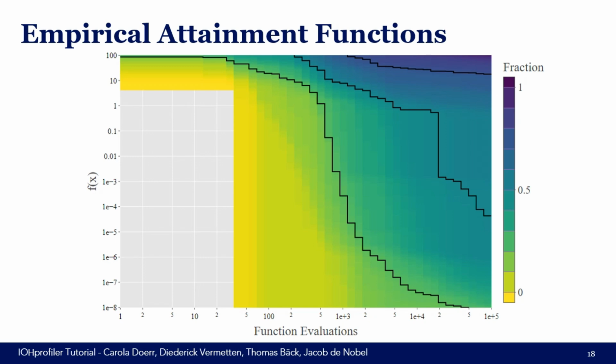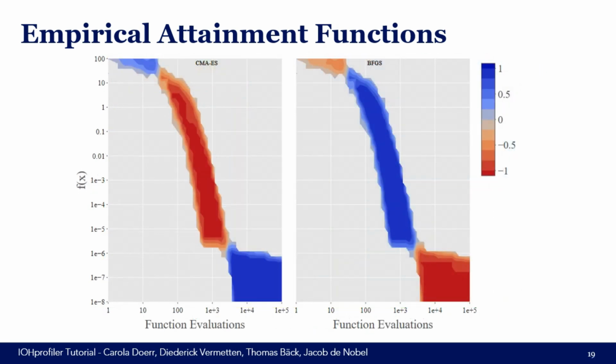For example, one thing we could do with these attainment functions is take differences between them. So we can really, in probability space, view where one algorithm is better than another. You see this in these types of figures, where we see two algorithms compared, and the blue region is where the attainment of one of the listed algorithms is better than that of the other one.